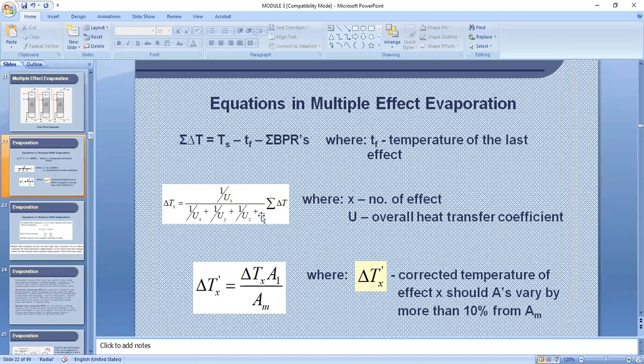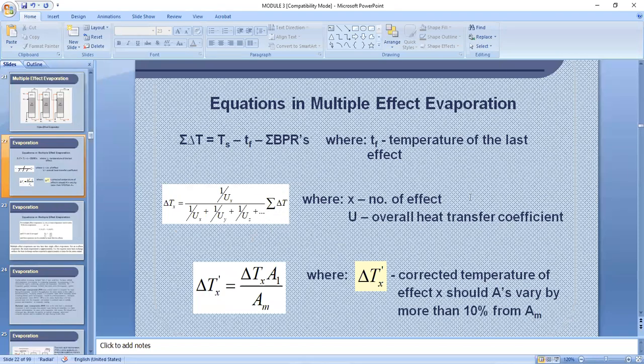Then in the denominator, you have the sum of the reciprocals of all the heat transfer coefficients of your effects, depending on how many you have. The reason why you need to first determine the summation of delta T is because it's needed here in determining the delta T sub X for your particular effect. It's written here in the formula.